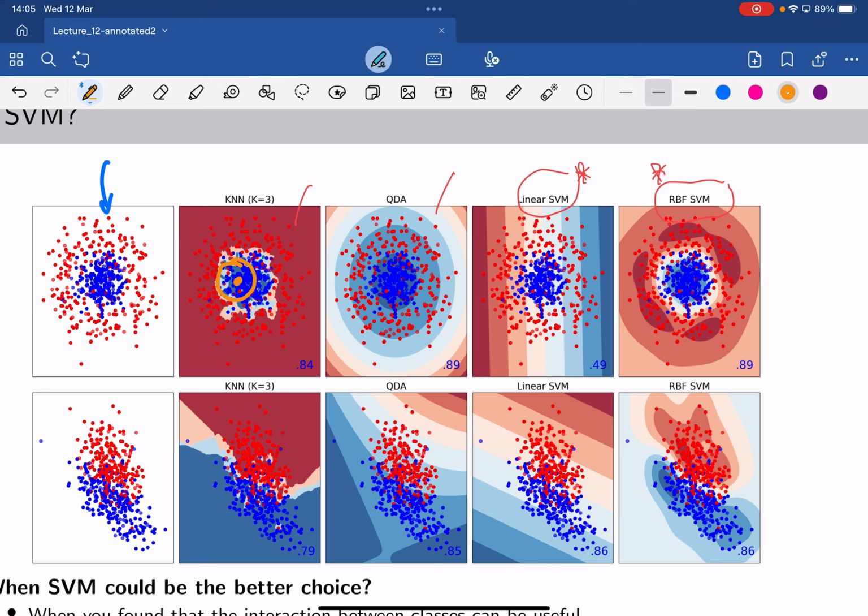It turns out that its decision boundary is going to be curvy, following the structure of the data sample.